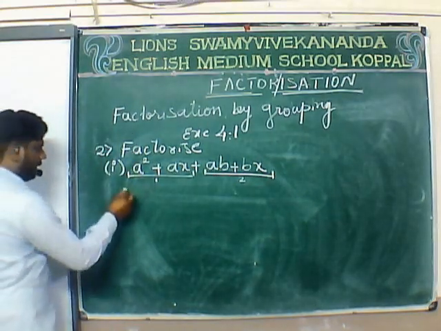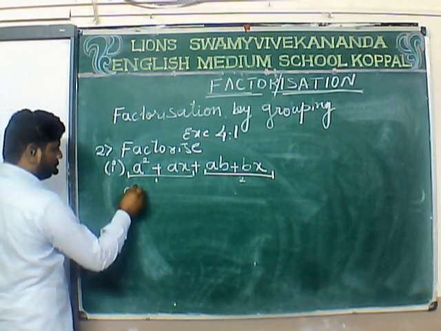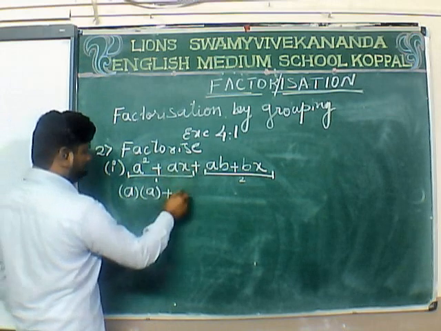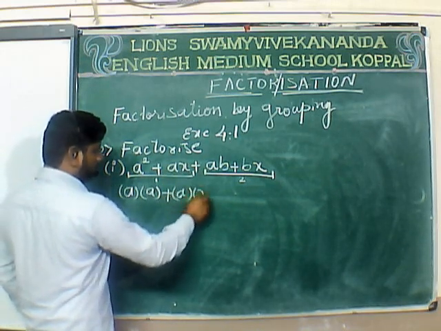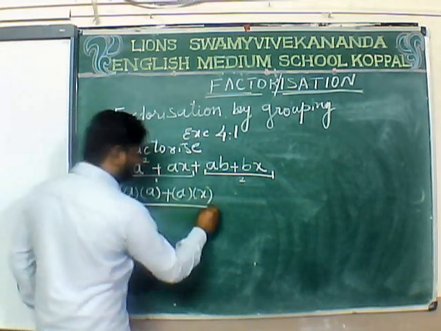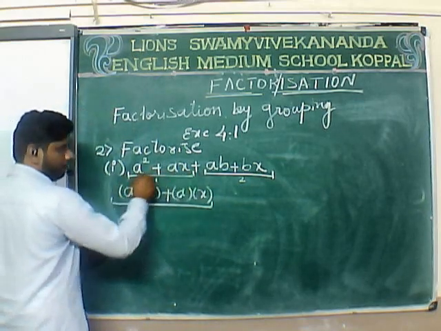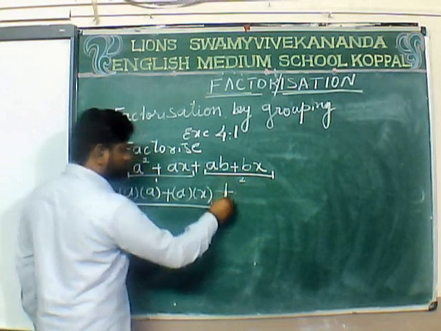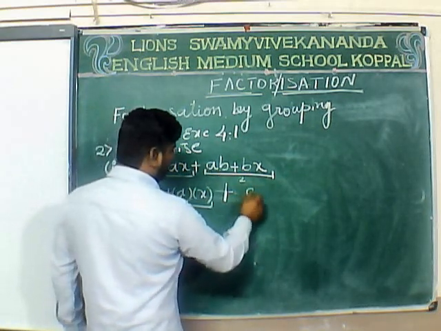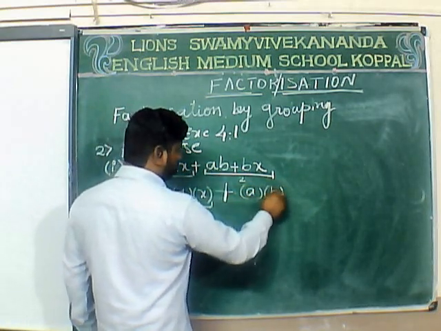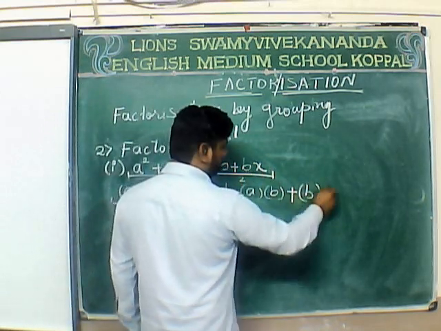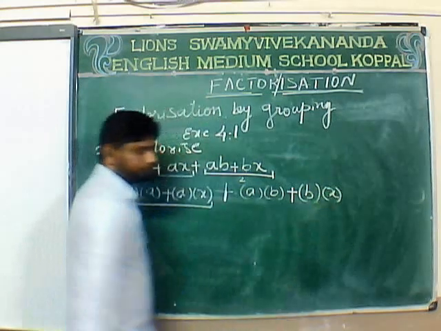Now a square can be written as a into a, and ax can be written as a into x. We have grouped these two and we have grouped these two. What sign do I have? Plus over here. ab can be written as a into b, plus bx, b into x.